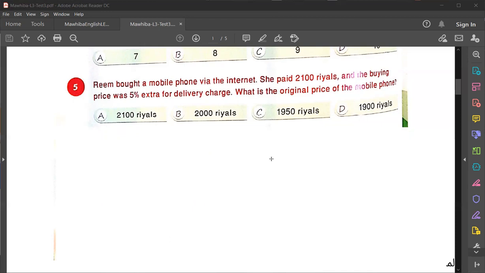Now, how do I solve the problem here? We have a formula we can use.